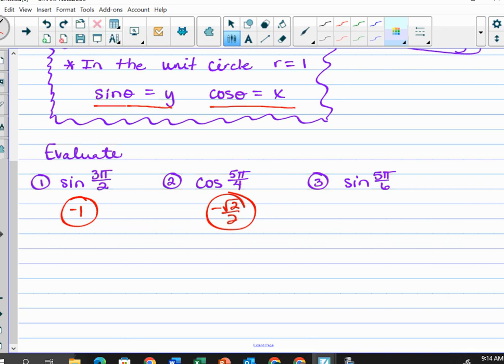I did green for the over 6s: pi over 6, 5 pi over 6, 7 pi over 6, 11 pi over 6. Over 3s were purple: pi over 3, 2 pi over 3, 4 pi over 3, 5 pi over 3. You get very comfortable with those. It takes time. You're very uncomfortable with them right now, and that's okay. You need degrees, but you're going to use the radians more.